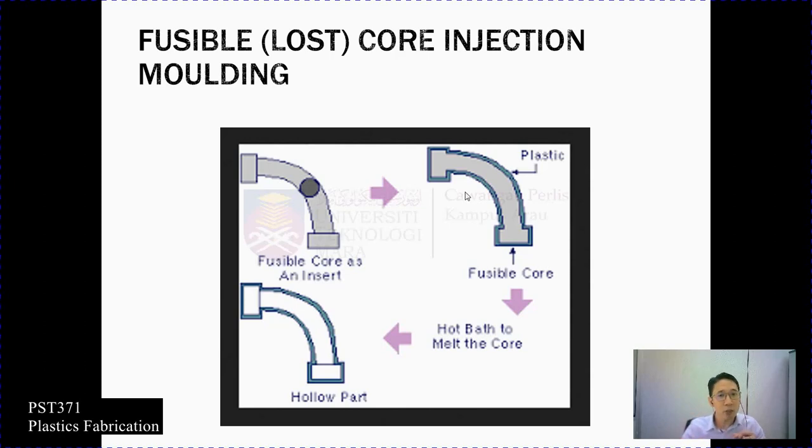Here in injection molding we can also produce hollow parts, but the process is slightly different, whereby you need to have a fusible core as an insert. Then you coat the material, in this case plastic, on the fusible core, and then you immerse it in a hot bath to melt the core. As the core melts, you produce a hollow part.